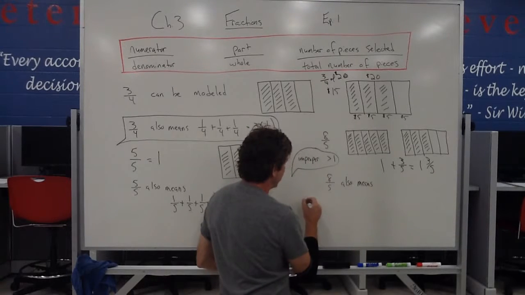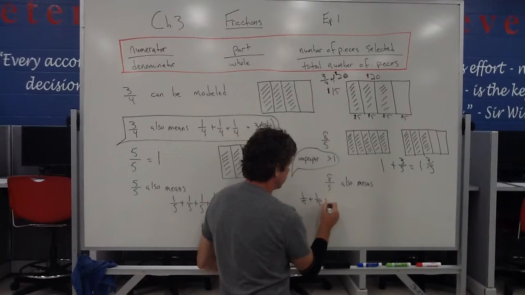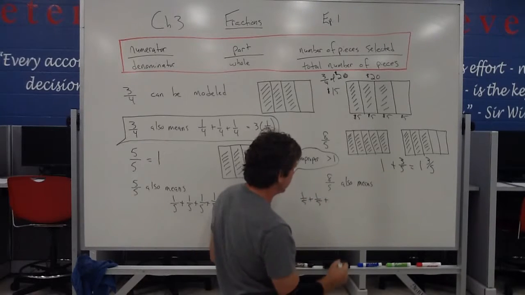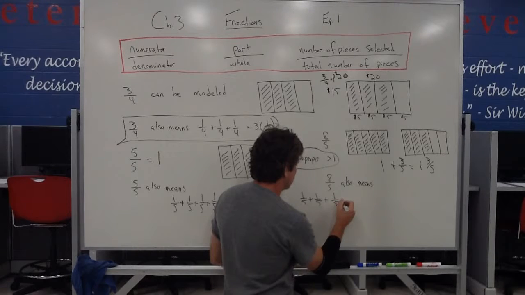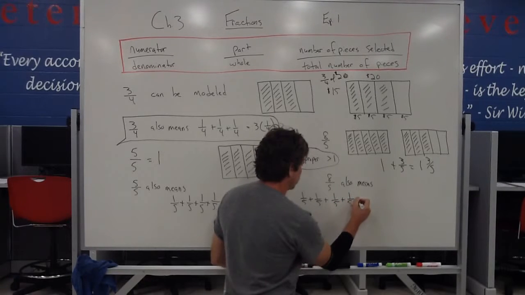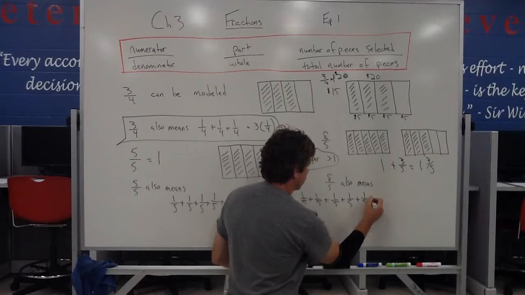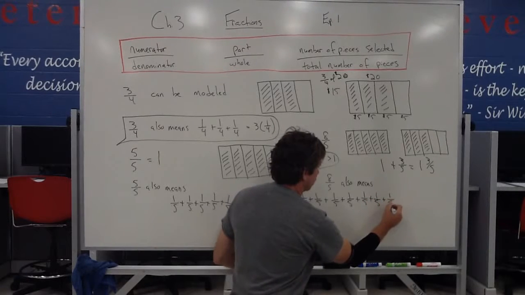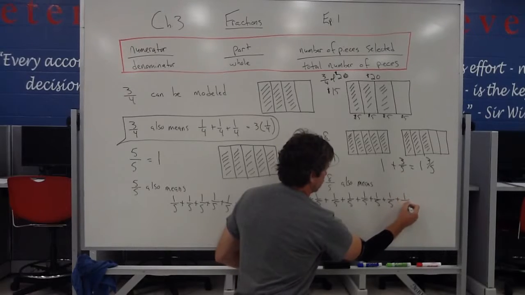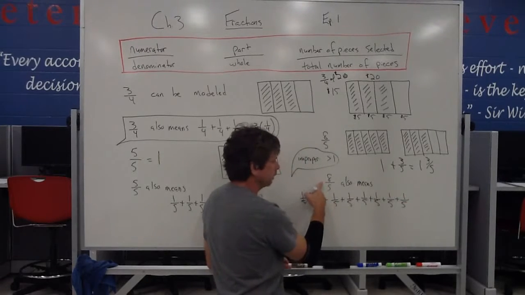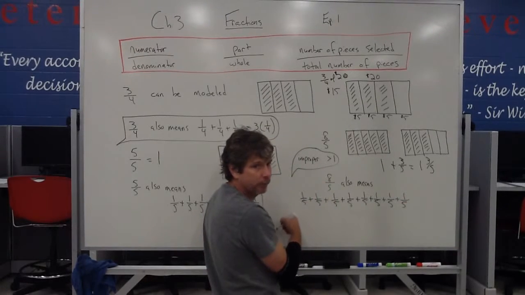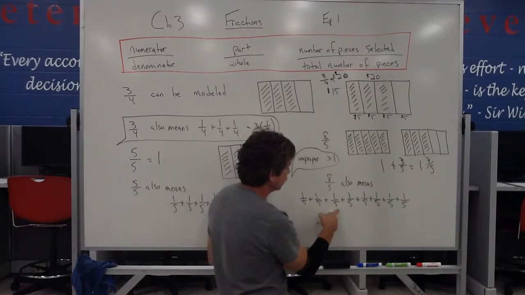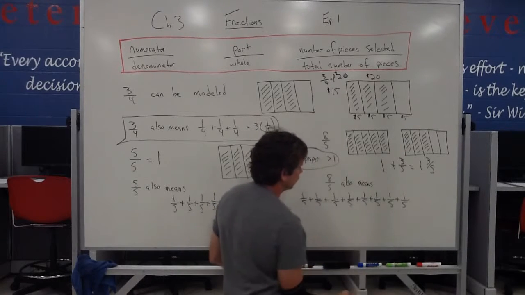Another way to model this, 8/5 means 1/5 plus 1/5, and write that down 8 times. So 8/5 literally means to write down 1/5 8 times. 1, 2, 3, 4, 5, 6, 7, 8 fifths.